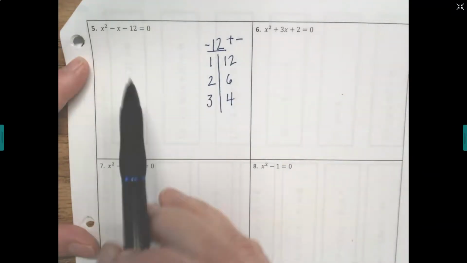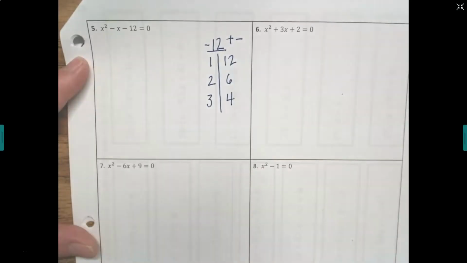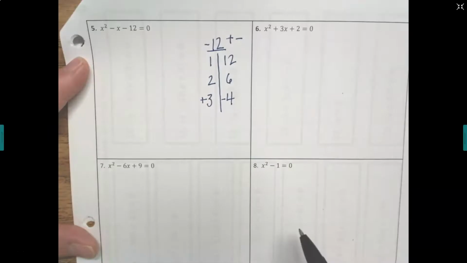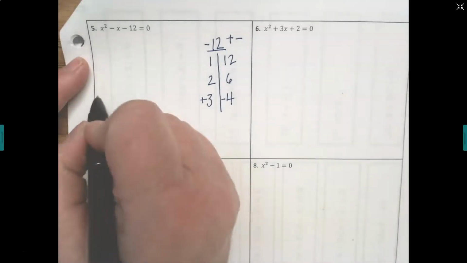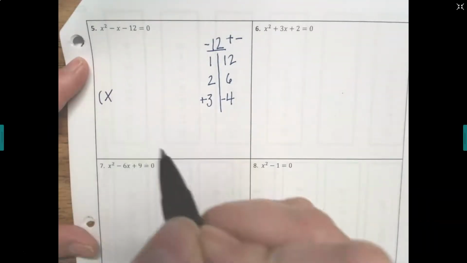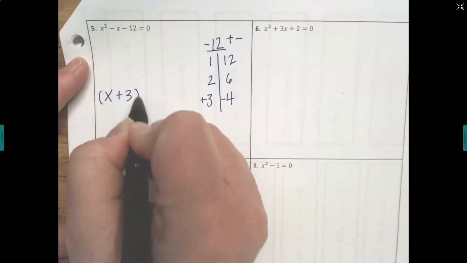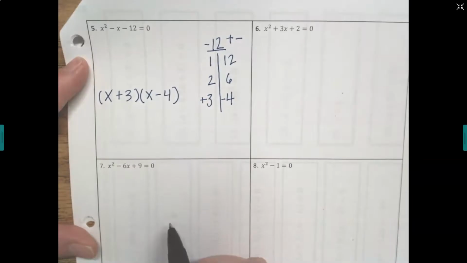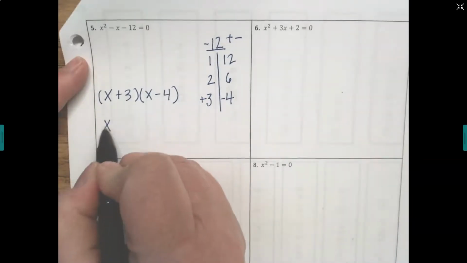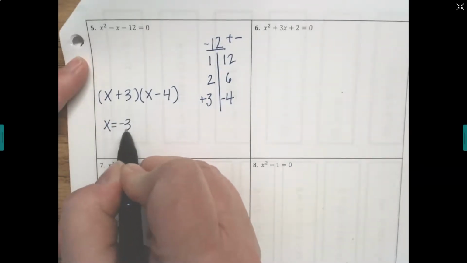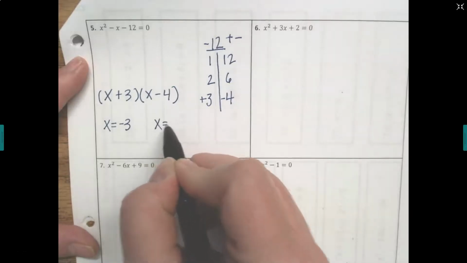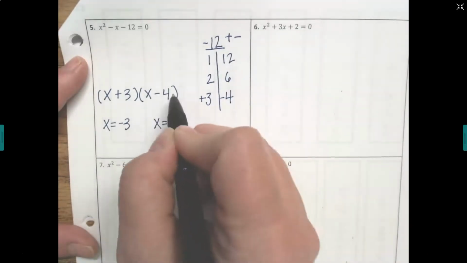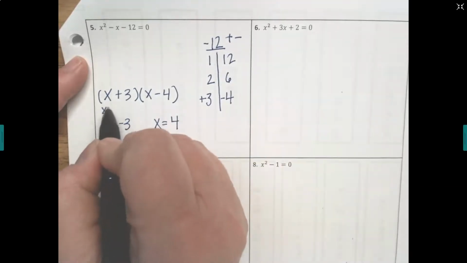Which pair, using opposite signs, can get me to -1? So if I did -4 and +3, that's going to work. So we have x plus 3 and x minus 4. So when I solve them, I'm going to get x equals -3 and x equals +4, because I'm going to add the 4 over to the other side.